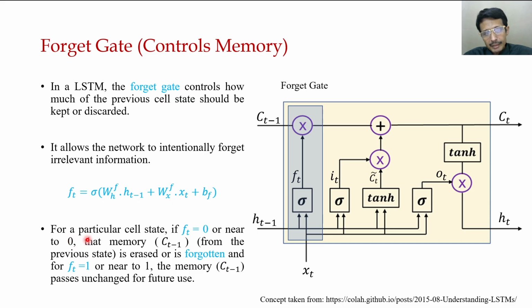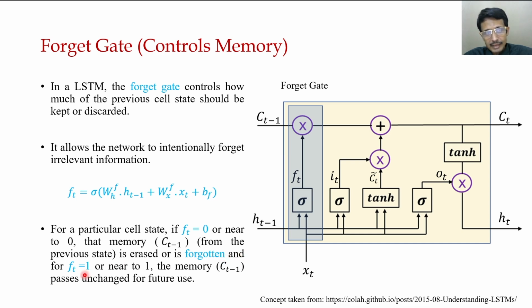So now for a particular cell state, if f_t is equal to 0 or very close to 0, that memory, that c_{t-1} memory from the previous state, is erased or forgotten.